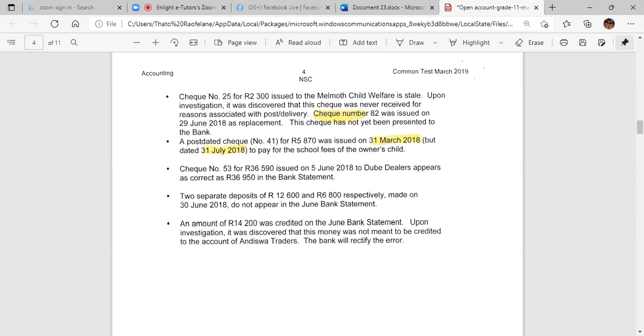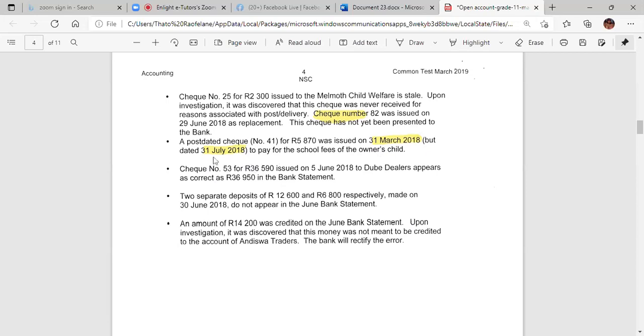However, because the check is post-dated, you're not going to be able to fetch that money, because it's the rules. If a check is dated 31 July 2018, you're not going to be able to take that cash on the 31st of March. You're only going to take it on the date on the check. And in this case, the check was dated 31 July 2018.